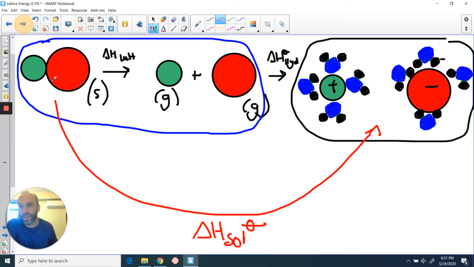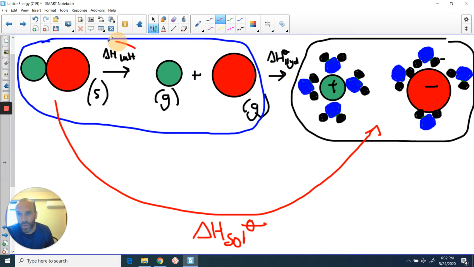Now Hess's law says that would be exactly the same as looking at that energy cycle in terms of, first of all, breaking up that solid into its scattered gaseous ions, and then hydrating those ions, in other words, surrounding them with the water molecules.